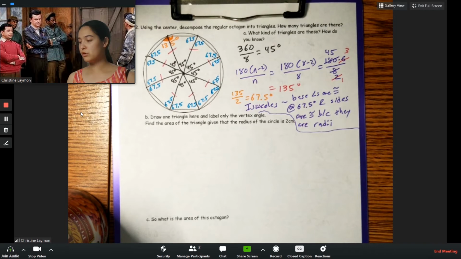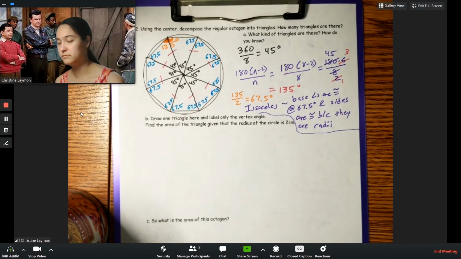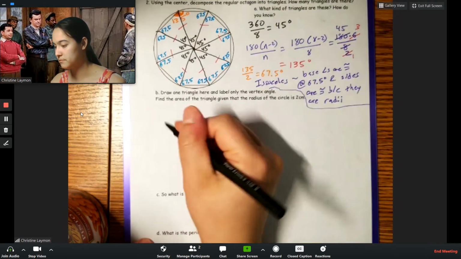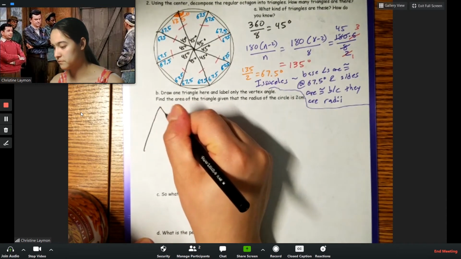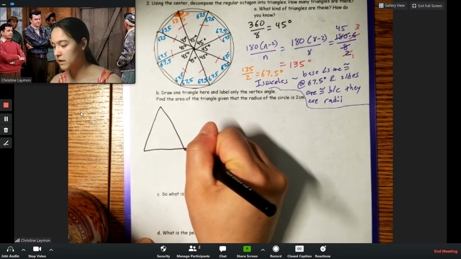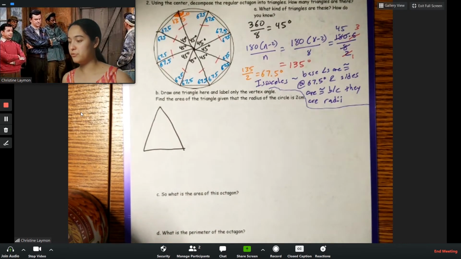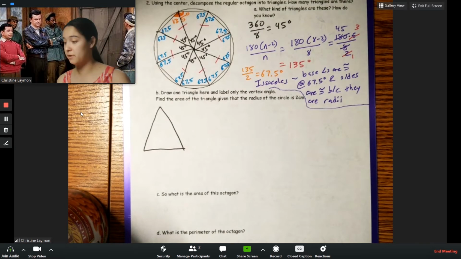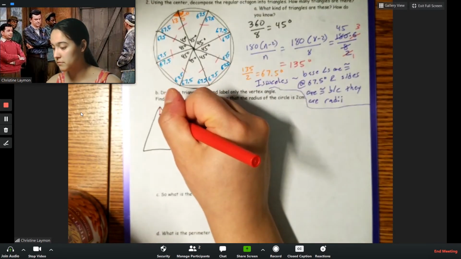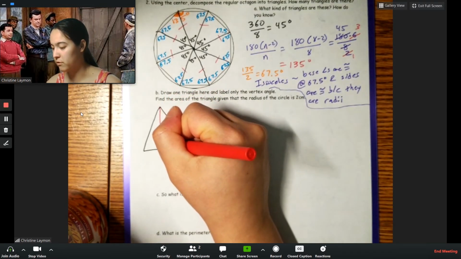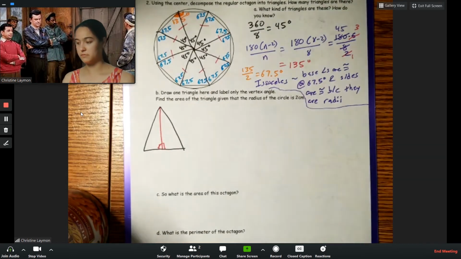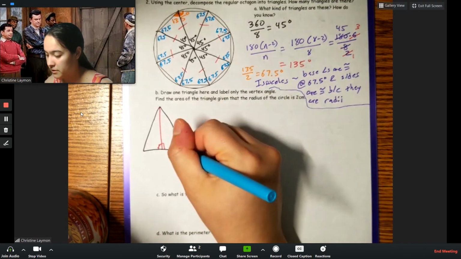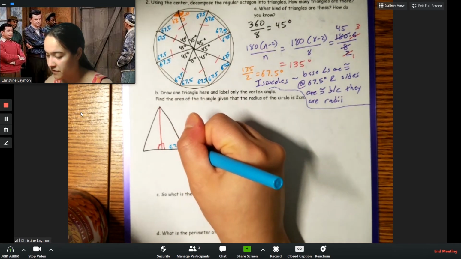So we're going to go ahead now and redraw that triangle. Slide this up here. Okay. And so we know that this top thing here is 45. I'm going to go ahead and draw in that apothem. Remember, it's going to form a right angle. Remember that we know that this bottom part here is 67.5 degrees.